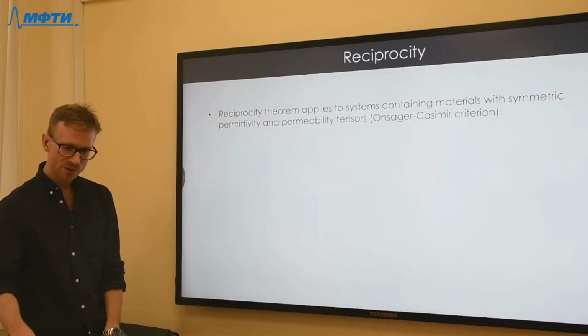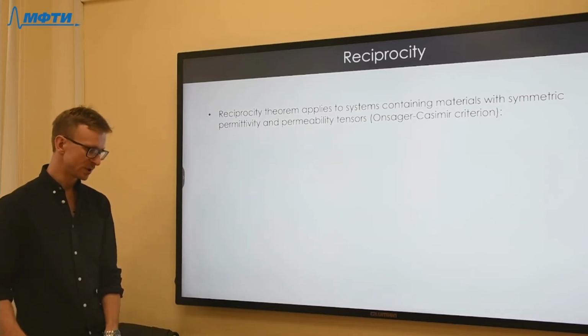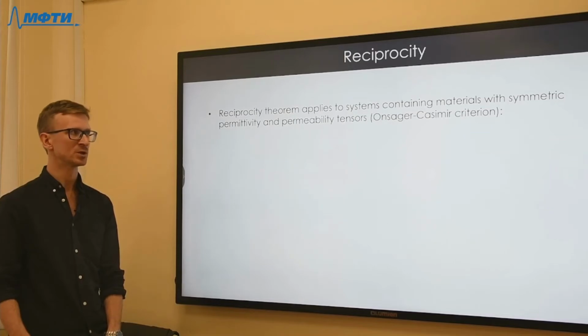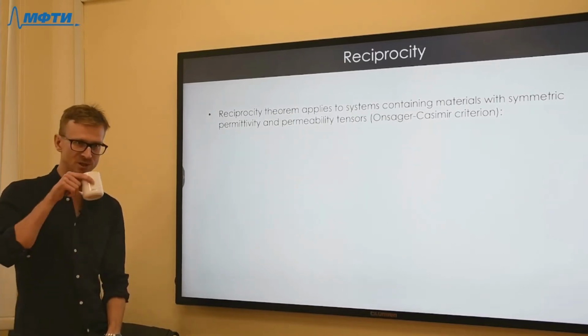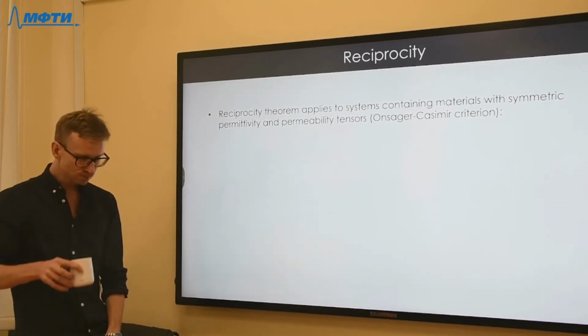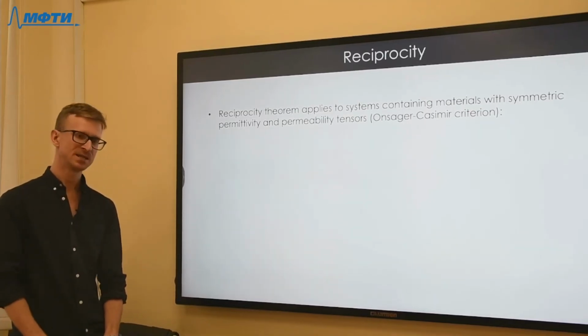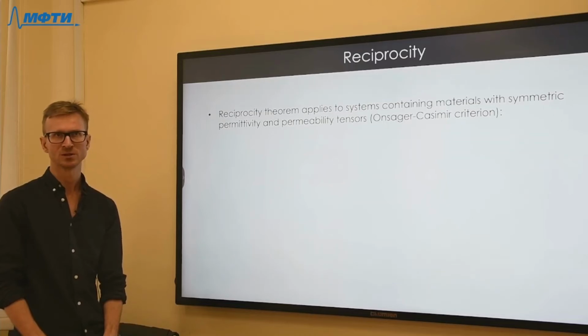Now we're going to look at a different, sometimes even more powerful property of Maxwell's equations, which is that of reciprocity. Reciprocity isn't exactly a symmetry of Maxwell's equations.